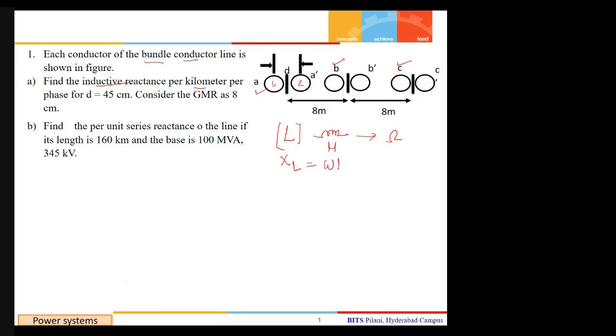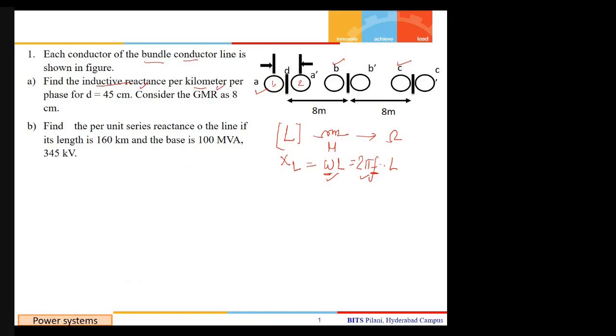It is called XL equals omega into L, where omega is 2 pi f and L is in Henry or millihenry. The unit of frequency is hertz and the unit of omega is radian per second. If the frequency is given in radian per second, you can use this formula. If the frequency unit isn't given in hertz, you can use this formula to determine the inductive reactance per kilometer.